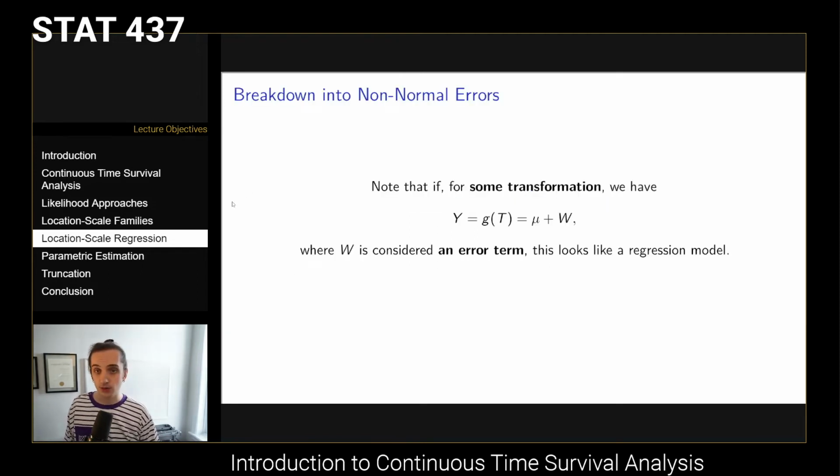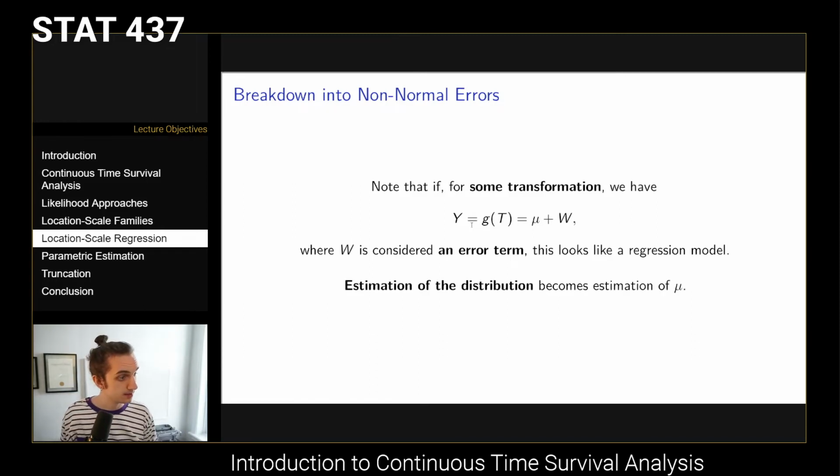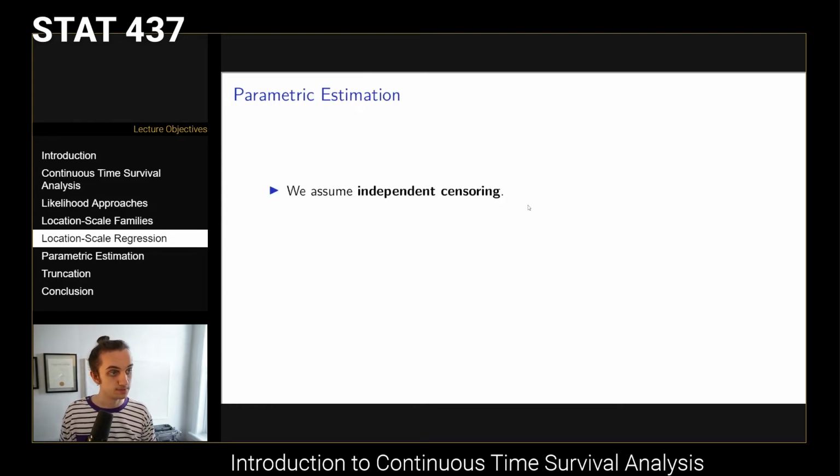But anytime that you have a location scale family, you can write it in this form that looks like this regression model. And that's going to be super useful for us because if we can work with a location scale family, then we get these nice regression models coming out of this. So the estimation for the part of the distribution that we care about ends up being the estimation of mu, which again is exactly what we're doing inside of regression.